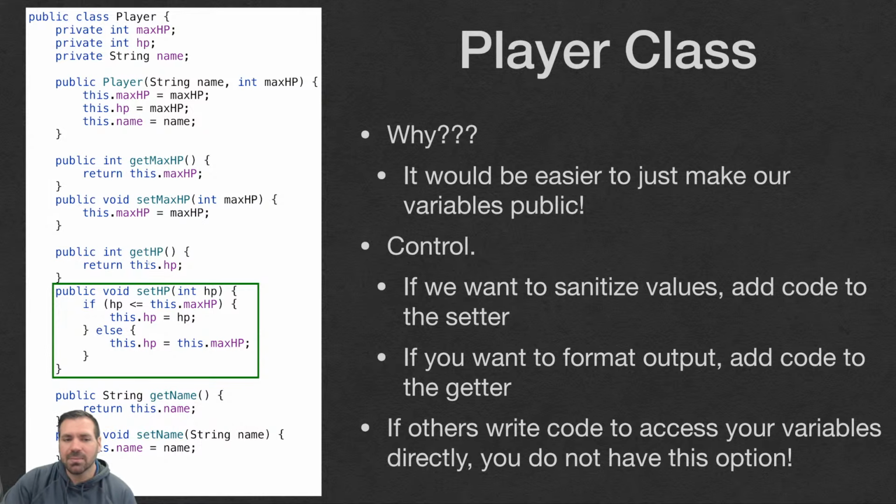Same thing with getters. Sometimes we want to do formatting. I mentioned earlier with HP, we might want to display health bars. So maybe instead of get HP just returning the raw HP, I might want to change this. We'd have meetings and talk to the whole team and everything, but we might want to change get HP to return a percentage of the max HP instead of just the raw HP.